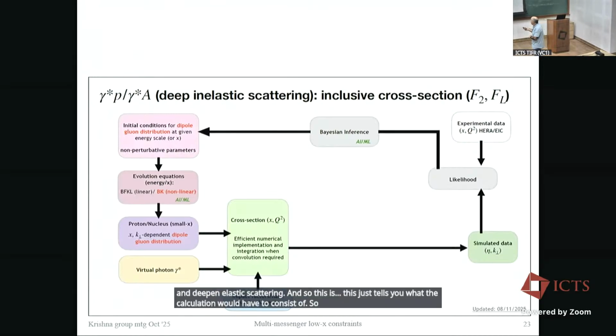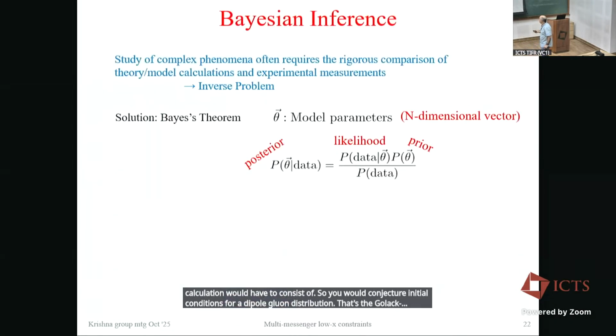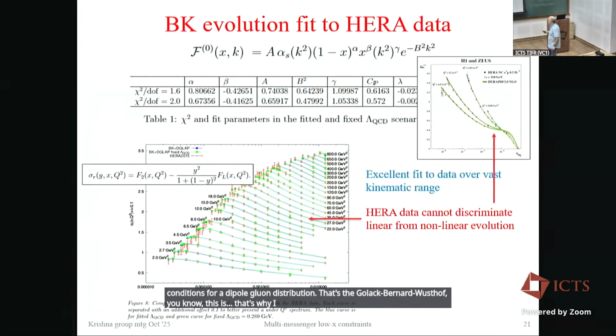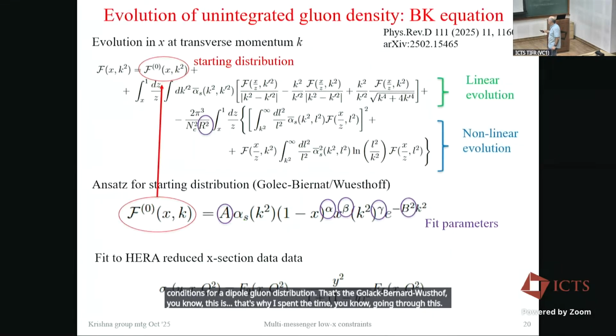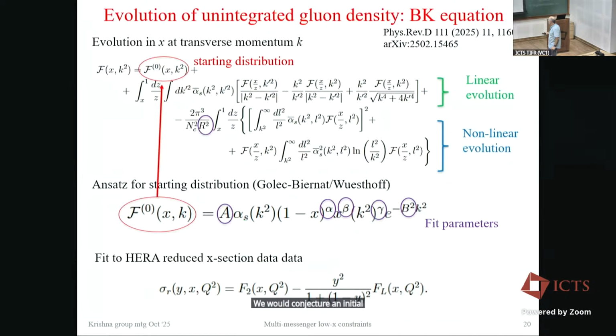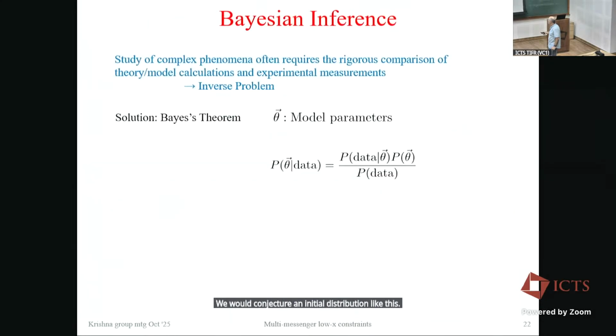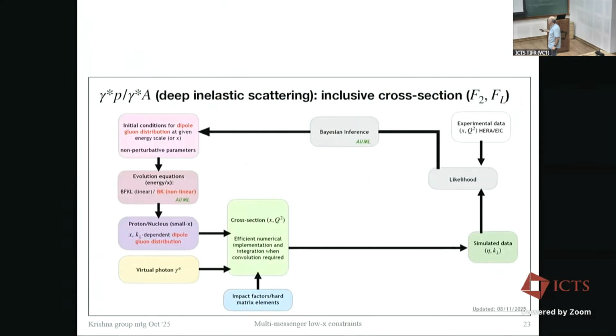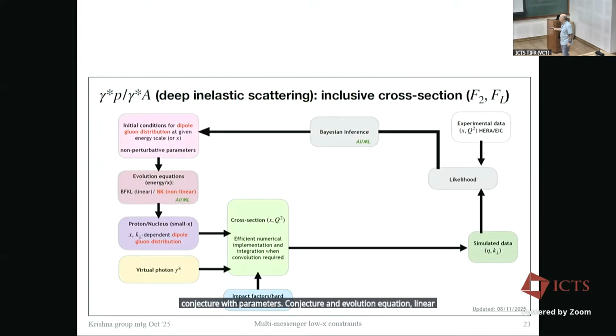So you would conjecture initial conditions for a dipole-gluon distribution. That's the Golec-Biernat-Wüsthoff model. That's why I spent the time going through this. We would conjecture an initial distribution like this, with parameters, and conjecture an evolution equation, linear or nonlinear.